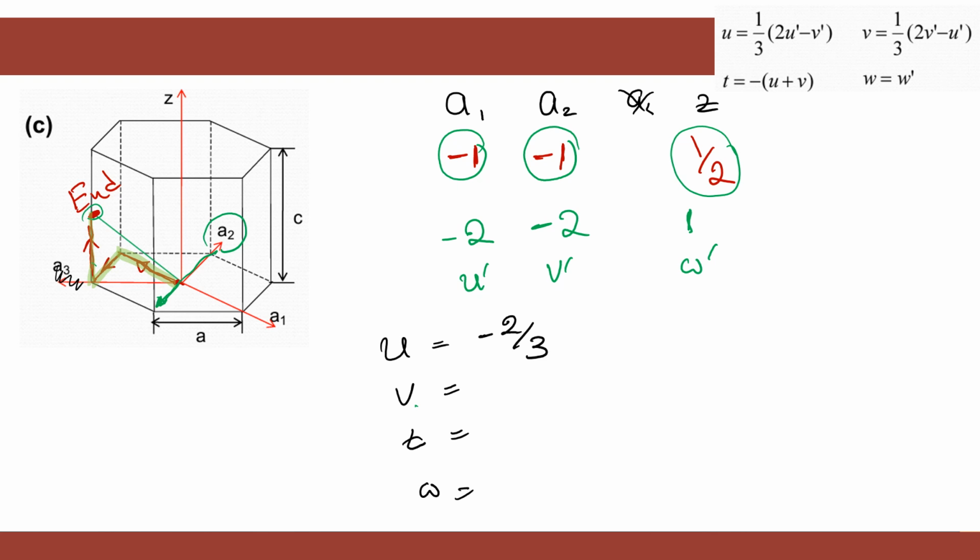Put the numbers in the equation. Give it a go at home. Same, -2/3. T is adding these two.